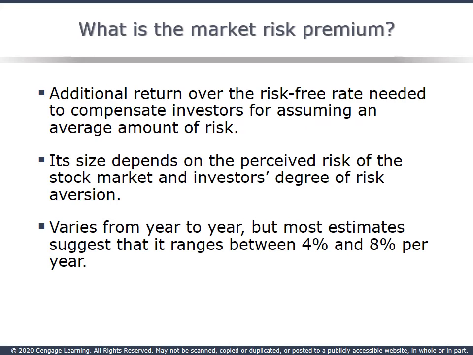Now, what exactly is the market risk premium? It's that part of the security market line equation that's in brackets. It's the additional return over the risk-free rate needed to compensate investors for assuming an average amount of risk.